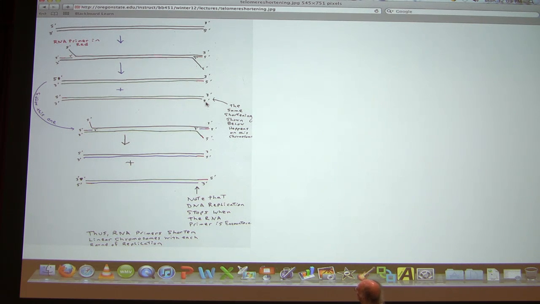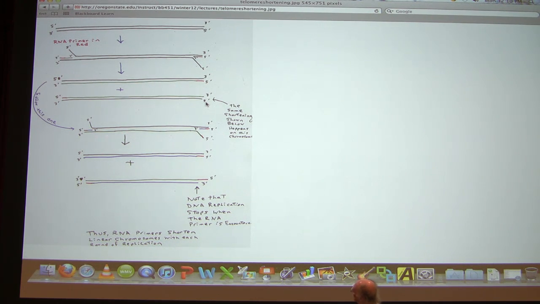At the end of that replication, we have the following. We have a strand on the top, okay, that has a red primer on the right side, and we have a strand on the bottom that has a red primer on the left side. Okay? Well, for simplicity purposes, I'm only going to follow this top one right here. When this guy starts to replicate again, what we see is, okay, well, at this end now we get a red, and replication proceeds.